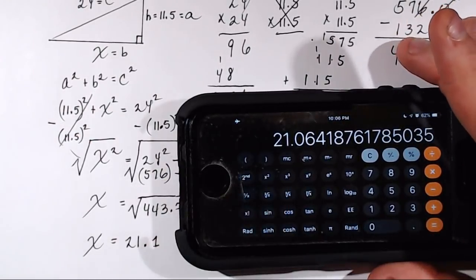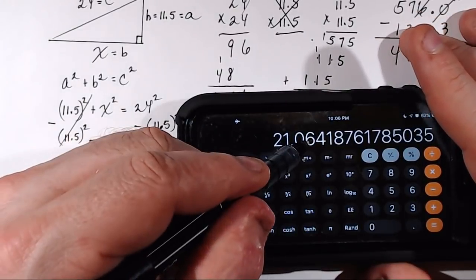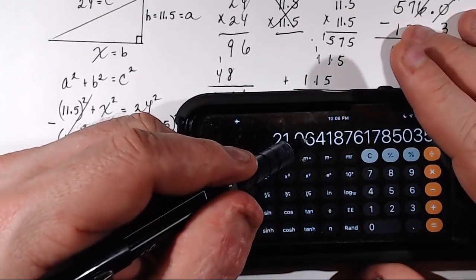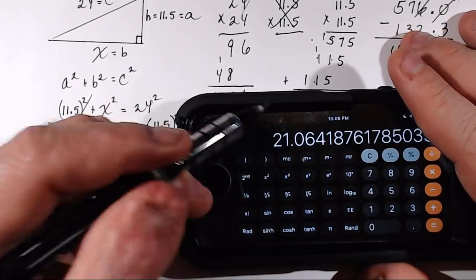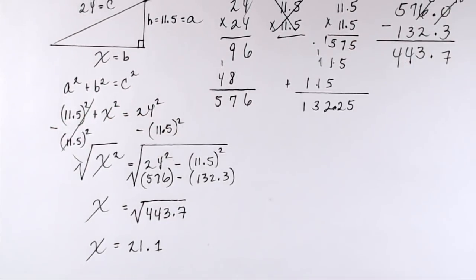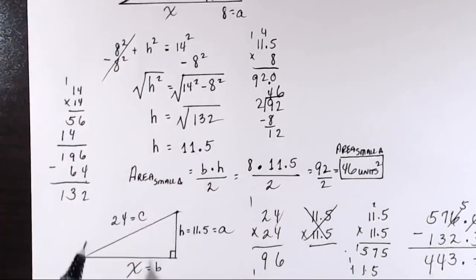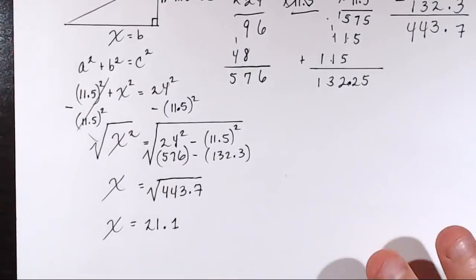See, 21.06 rounded to the nearest tenths. The hundredths place is 5 or larger, and so we round the 0 up to a 1, so it's 21.1. So now we found x. And so now we can find the area.